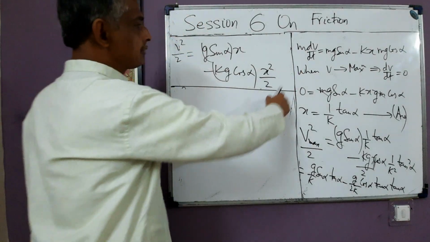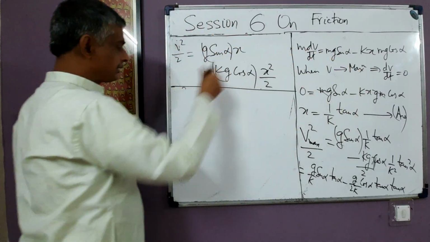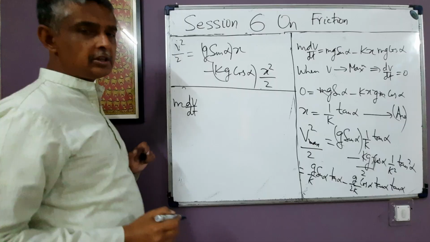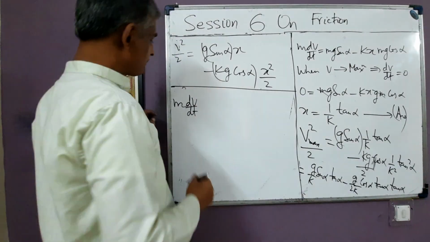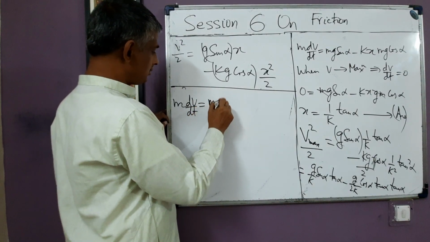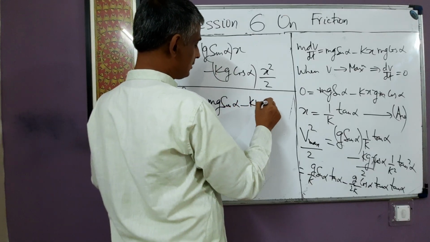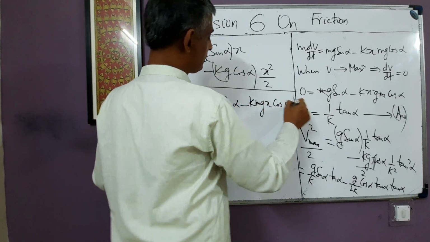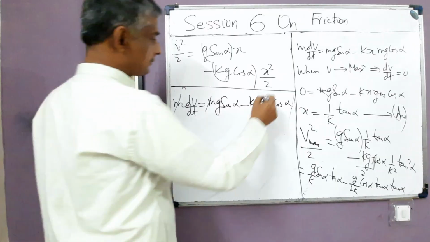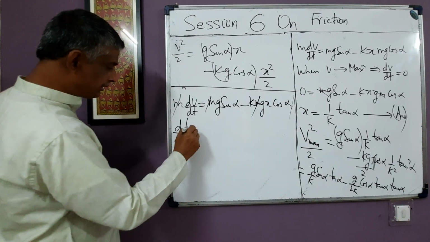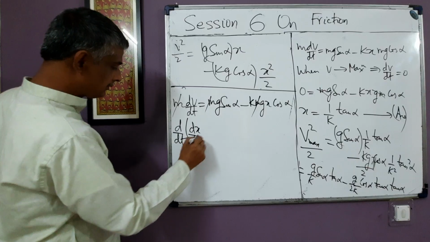See, the original equation I wrote just now, I'll write it again here. This is the equation of motion at an arbitrary instant t after it has been released from rest. So this becomes mg sin alpha minus kmgx cos alpha. Alright. So m goes away. Now d by dt of v can be written as d2x by dt2.